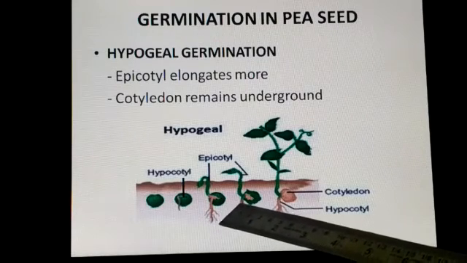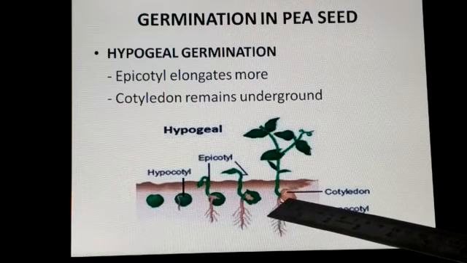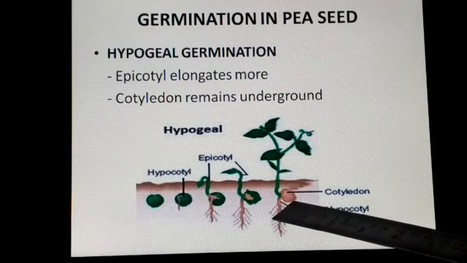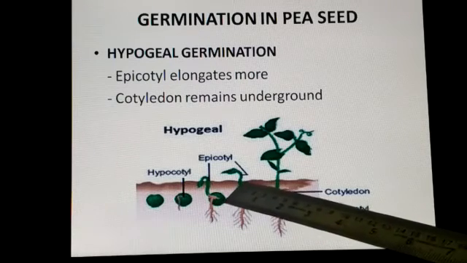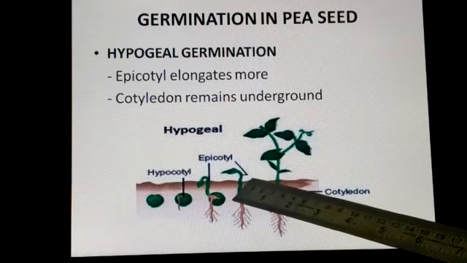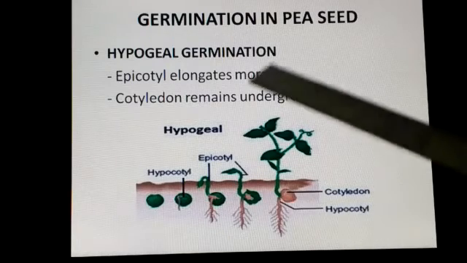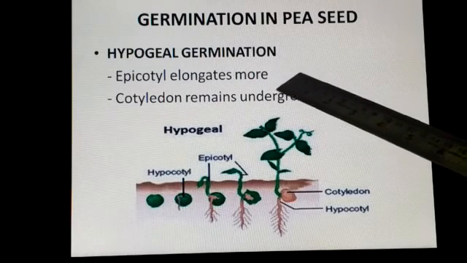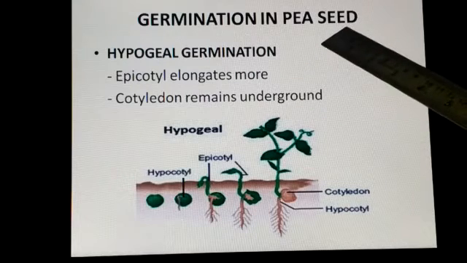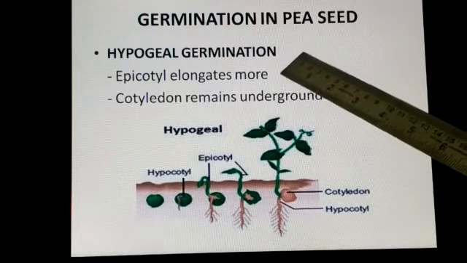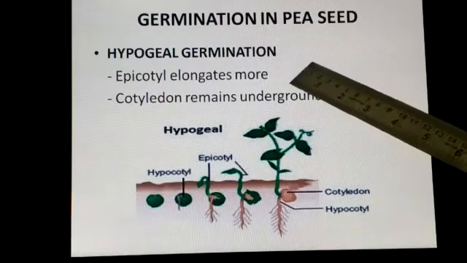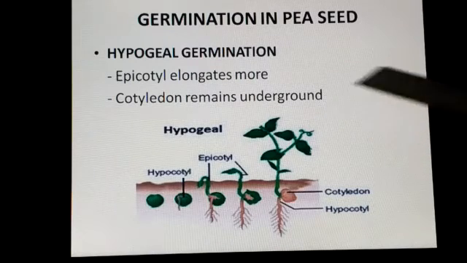So here you see the cotyledons are below the ground. It means which part elongated more? The epicotyl elongates more. And such a germination is hypogeal germination. So thus, germination in pea seed is hypogeal, in which epicotyl elongates more and cotyledon remains under the ground.